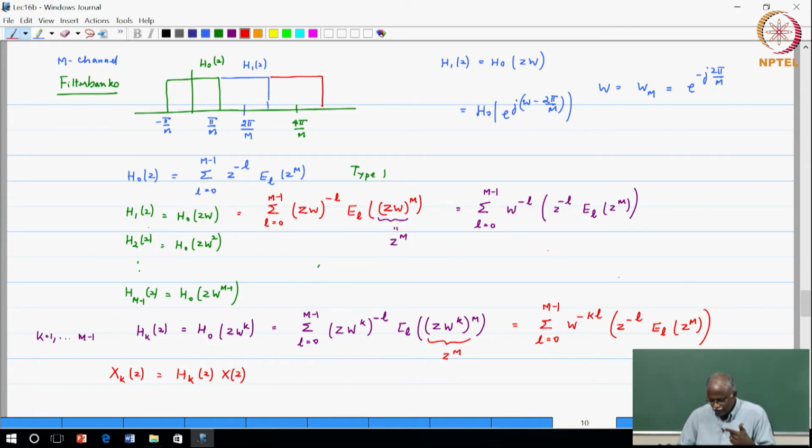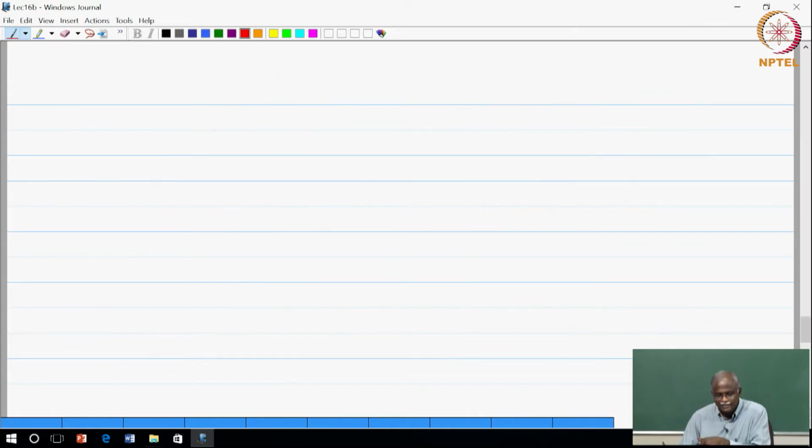So, if you were asked to implement this in a form, you will get a very interesting structure. So, the structure that implements that, if you were to derive it, I am sure by spending time you will definitely be able to do it. Let me just suggest how we want to do that.